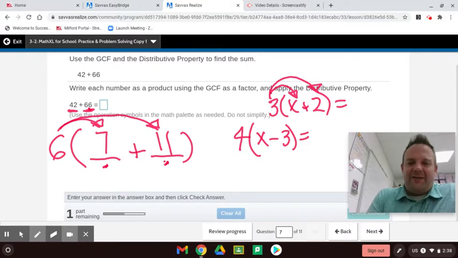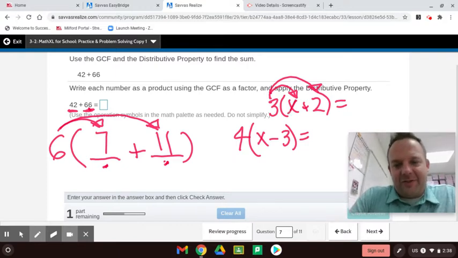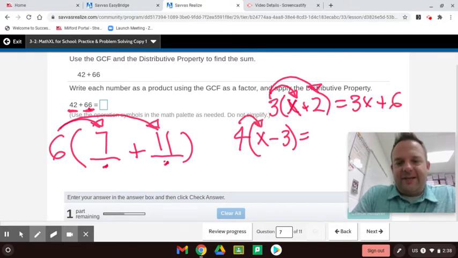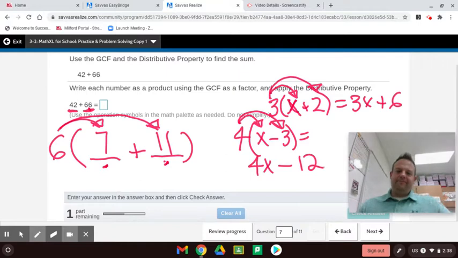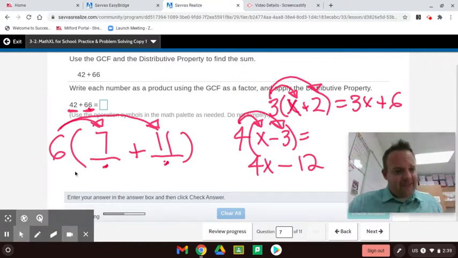It's because we're getting ready for algebra, which is why I'm showing you this. 3 distributed to the x is 3x, plus 3 times 2 is 6. So you're going to have to do that in the future. 4 times x is 4x, minus 4 times 3 is 12. That's why we do it. That's why they're teaching you this now.